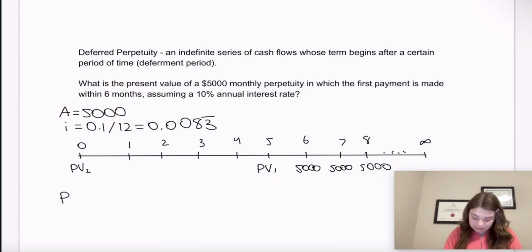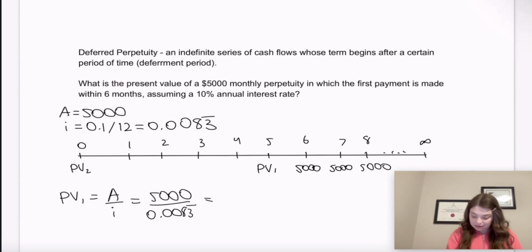PV1 is just going to be the regular equation of A over I, which is $5,000 over 0.0083 repeating. If I grab my calculator, 5,000 divided by 0.0083 repeating, I get $600,002.40.